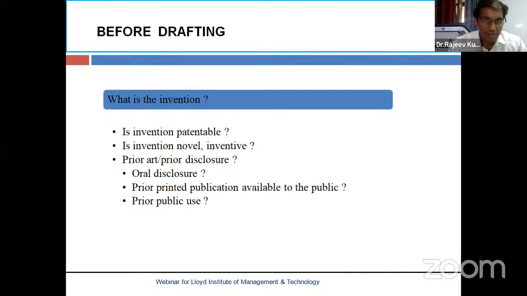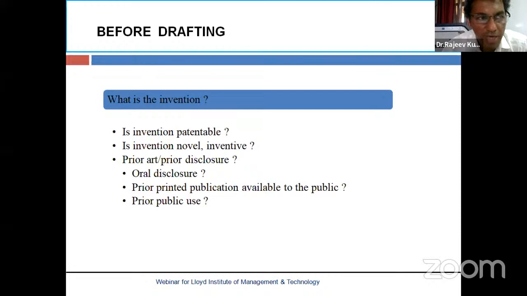So the prior art study is very important, and I showed you only one database, that is Scopus. But for patent literature, you use other dedicated databases, which are paid databases. But there are certain free databases for patent literature study also.